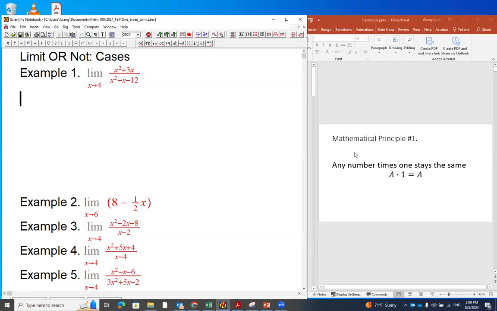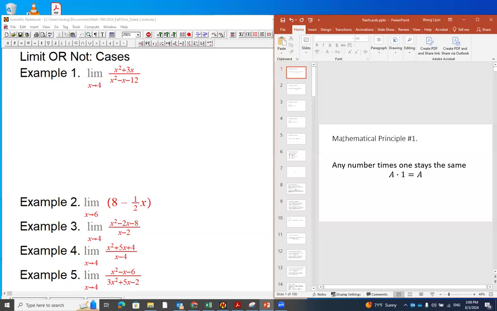Some of these flashcards are from the algebra classes, but we still use these properties. For example, there are 6 mathematical principles. The first one is that any number times 1 stays the same. The second one, any number plus 0 stays the same.